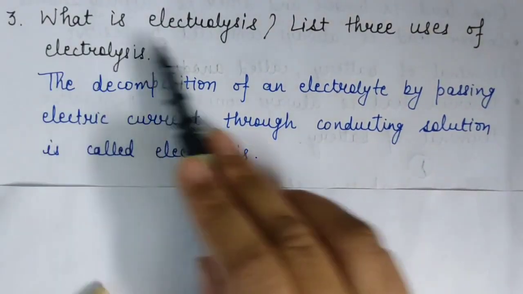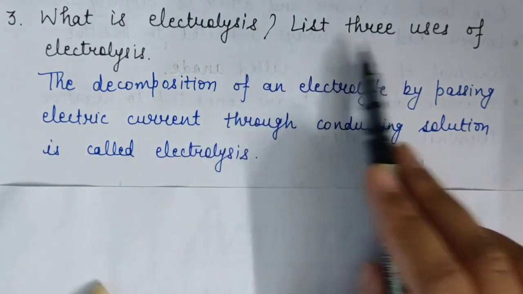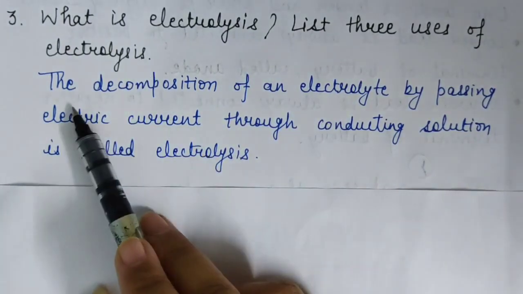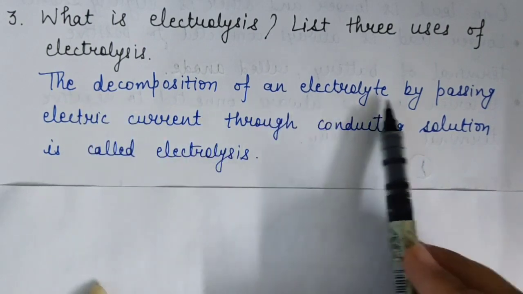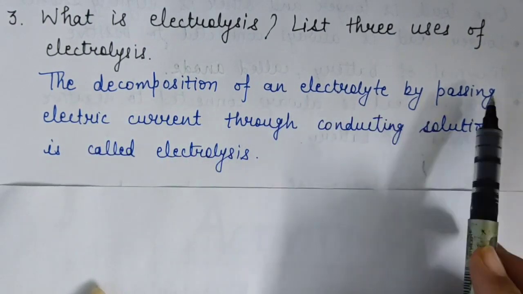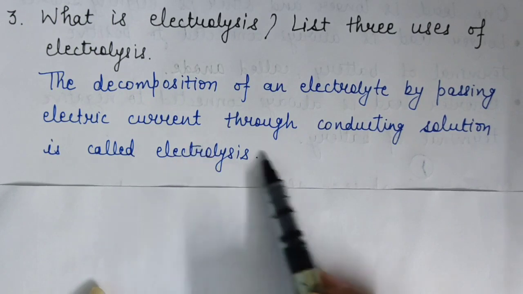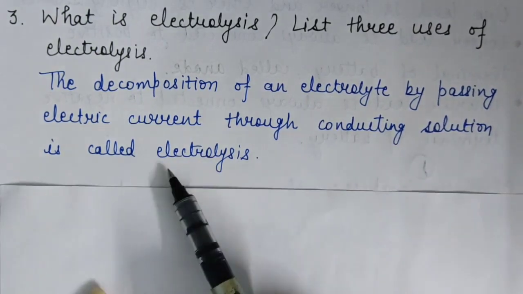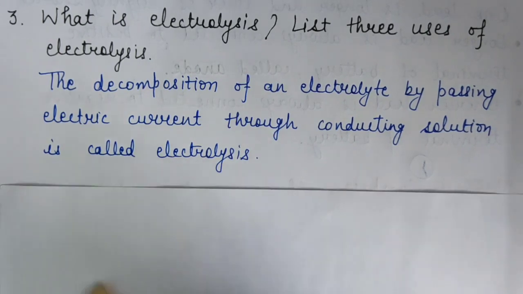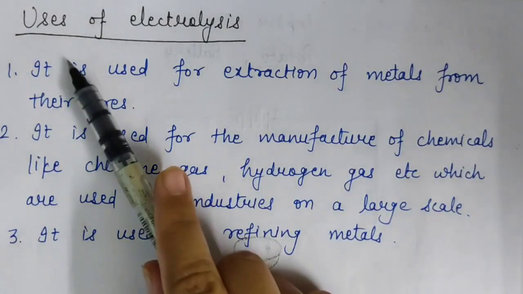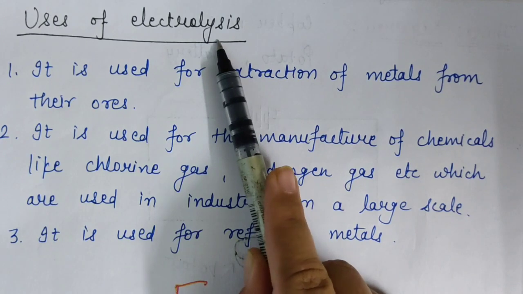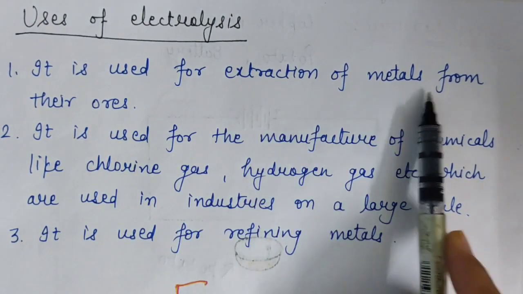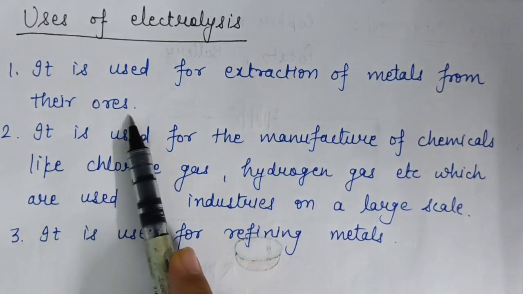Next is, what is electrolysis? List 3 uses of electrolysis. Answer is, the decomposition of an electrolyte by passing electric current through a conducting solution or liquid is called electrolysis. Uses of electrolysis are, it is used for extraction of metals from their ores.